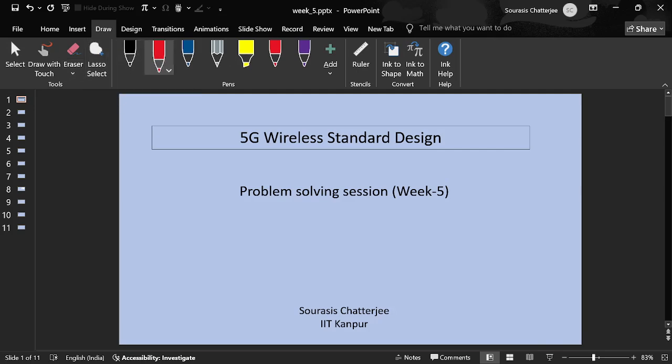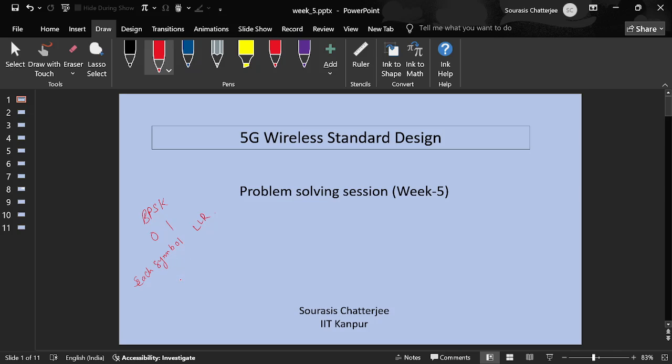Let me write it down here. For example, in BPSK, I have only two options, 0 and 1. So each symbol produces one log likelihood ratio, that is basically the ratio between 0 and 1.